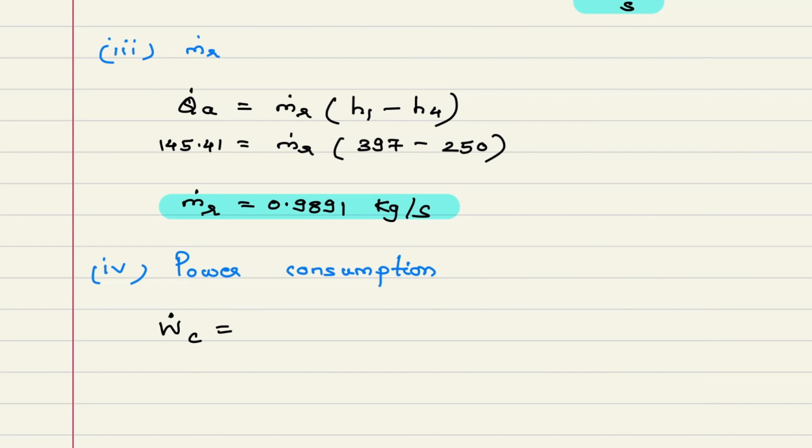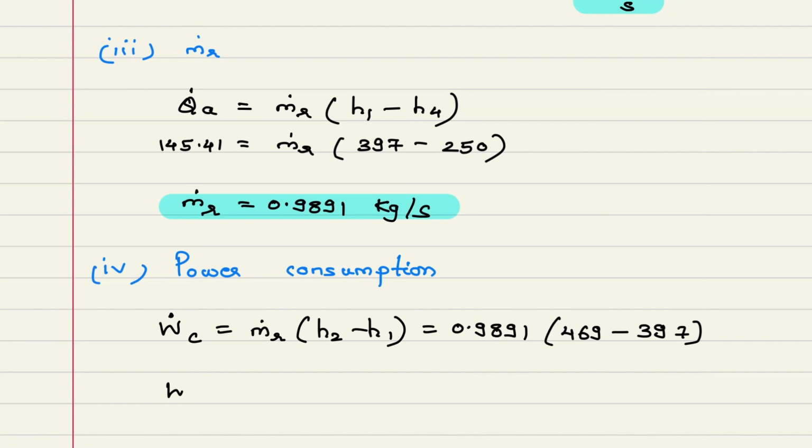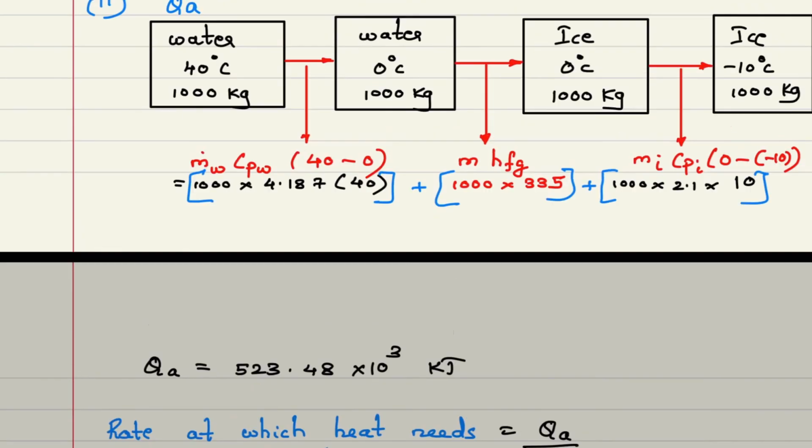Okay, so power consumed by compressor is mass flow rate of refrigerant into enthalpy difference H2 minus H1, equal to 0.9891 into H2 469 minus H1 397. So compressor power is 71.2152 kilowatt.